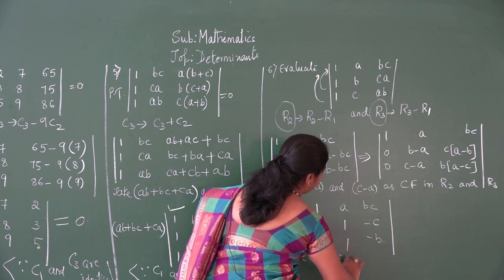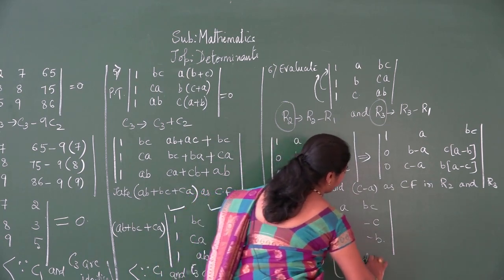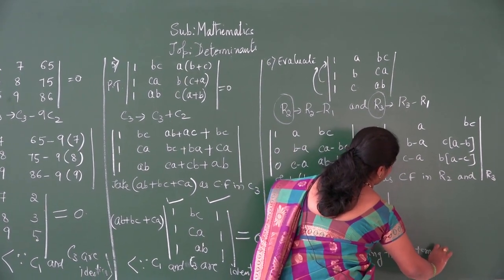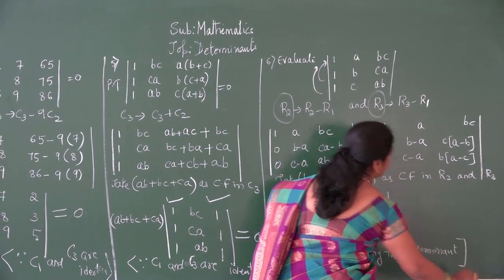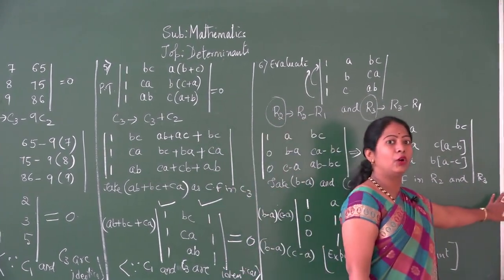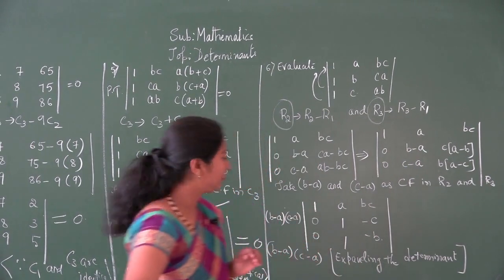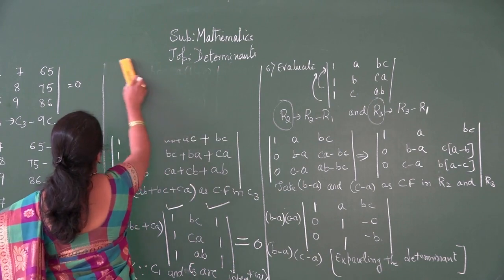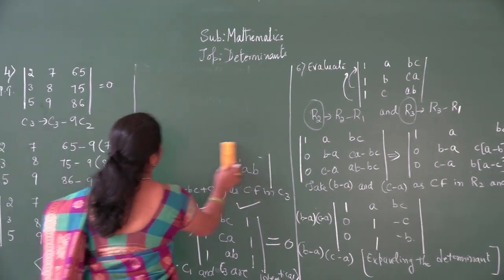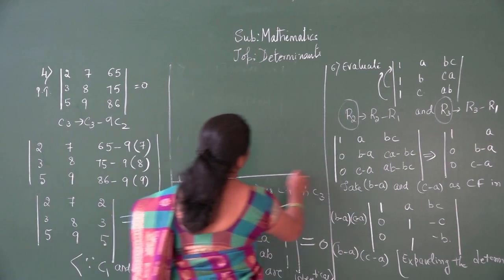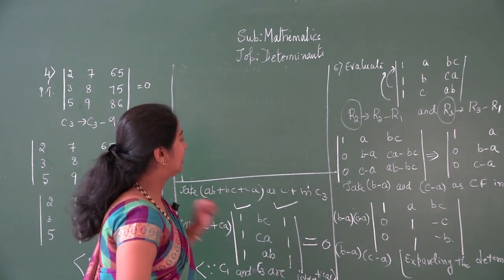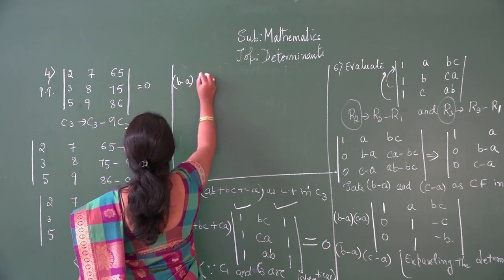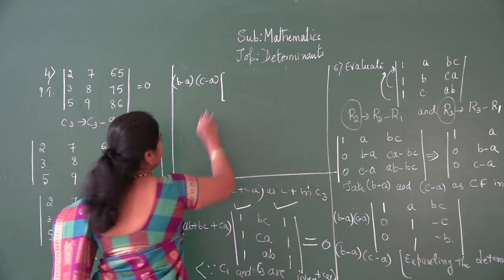Next, expanding the determinant, B minus A and C minus A remain as they are.